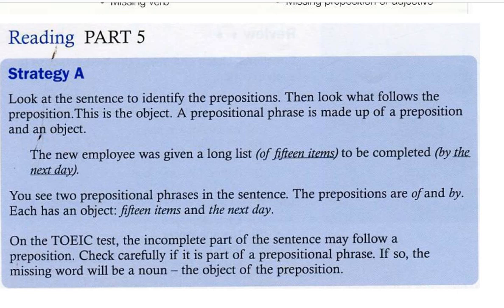You see two prepositional phrases in the sentence: of 15 items and by the next day. The prepositions are of and by, and each has an object. On the TOEIC test, the incomplete part of the sentence may follow a preposition. You need to check carefully if it is part of a prepositional phrase. If so, the missing word will be a noun, the object of the preposition.